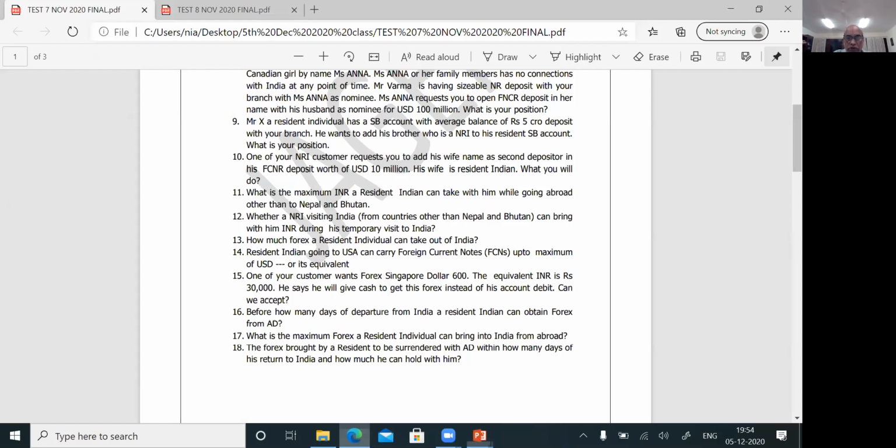So we are seeing the question. Question number 14. A resident Indian going to USA can carry foreign currency notes up to a maximum of US dollar or its equivalent. What is the last point? For other countries, it is 3,000 US dollars, isn't it? So you can carry foreign currency notes to the extent of maximum 3,000 US dollars.